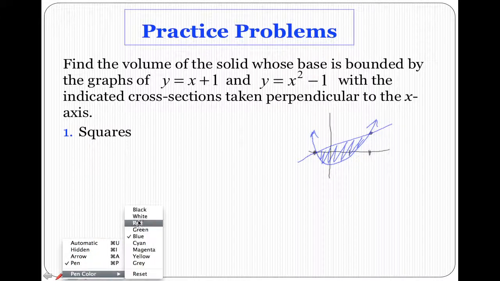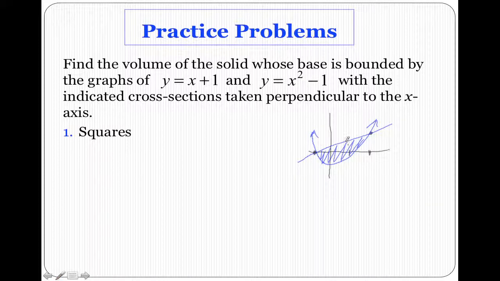So when we think of the representative rectangle, remember it's perpendicular to the x-axis. This is really the thickness of the squares that are your cross sections. As we set up the integral, remember the first thing we want to do is find the length of the base.